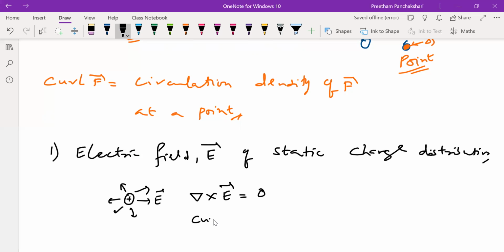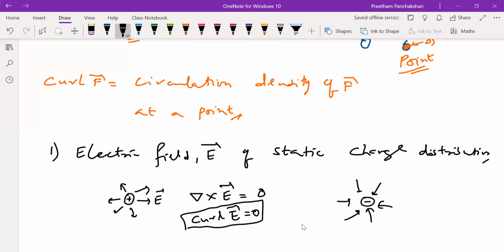For the time being, it's called curl E is equal to 0. It means that electric field is not rotational. Curl of electric field is always 0. It happens in negative charge also. For negative charge, electric field converges at the negative charge, and the curl of electric field is always equal to 0.